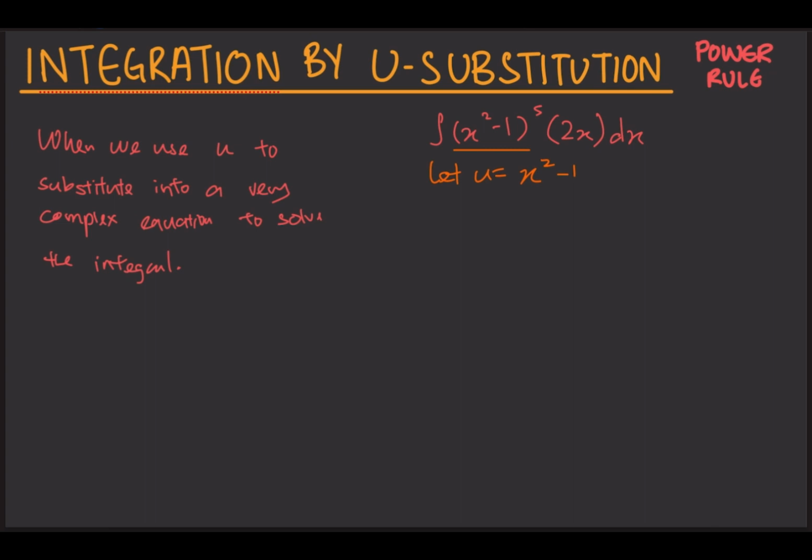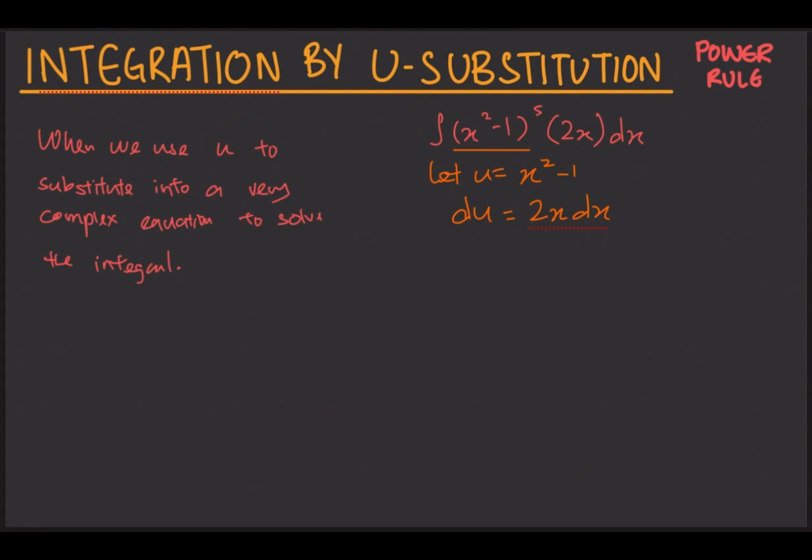And then we differentiate U in terms of x, du equals 2x dx, right? And what we notice here is that our du, 2x dx, is equal to this part, so you can essentially cancel it out. Let me change back the color.